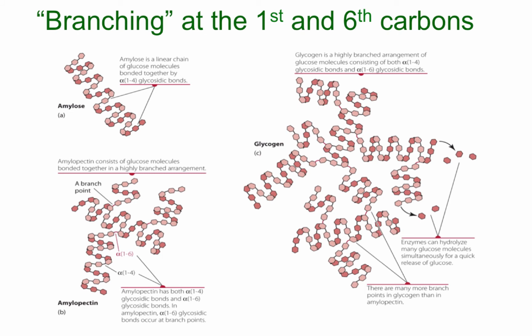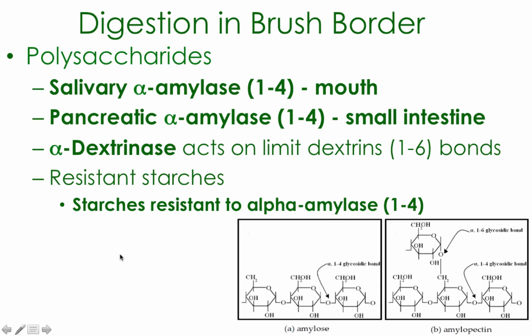Now, in terms of the branching, this occurs at the first and the sixth carbons on each of these two molecules, or these types of sugars. And when I say that, we're talking about amylopectin and glycogen. All right, so if you look here, there's an alpha 1,4 bond. So those are normal glucose to glucose bonds, like maltose, or dextrin.